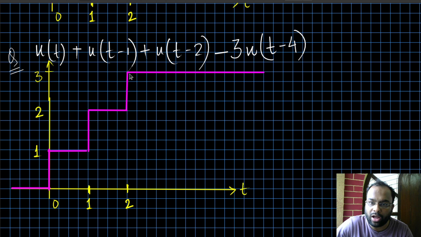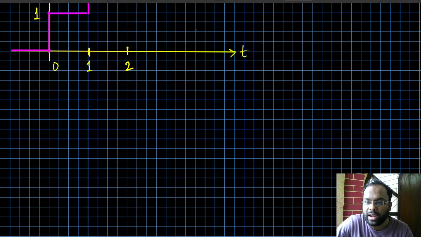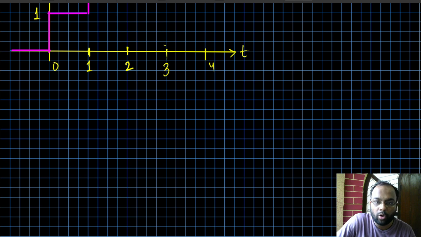And that is added to the whole signal. So what happens at t equal to 4? Try to understand. So this is time 2, this is time 3, and this is time 4. So at t equal to 4, we are encountering a step function that looks like this.